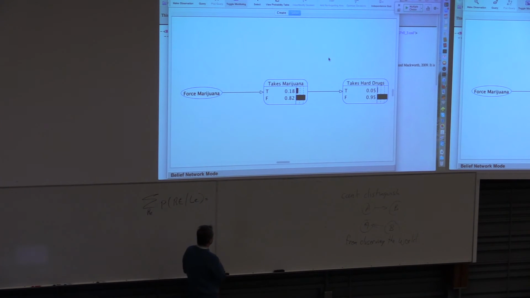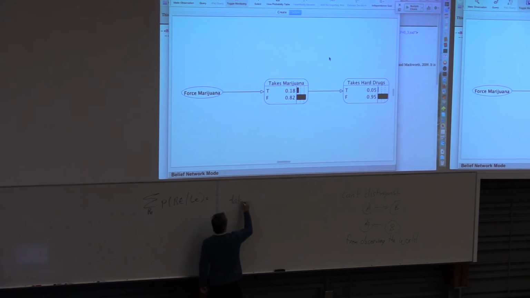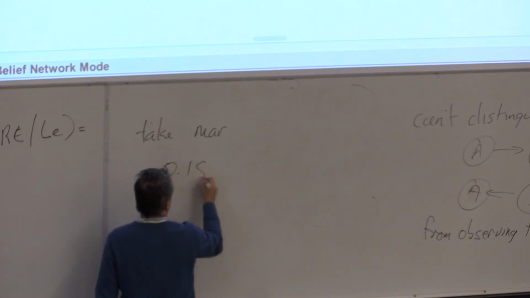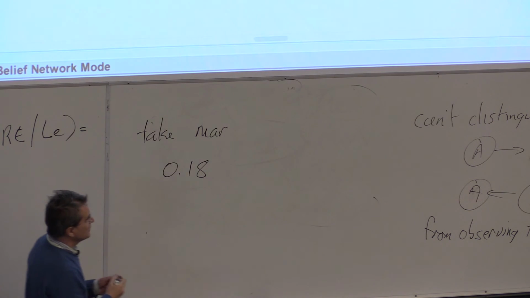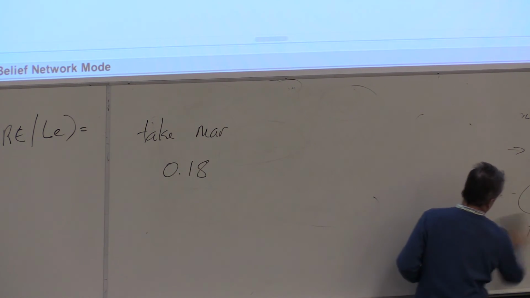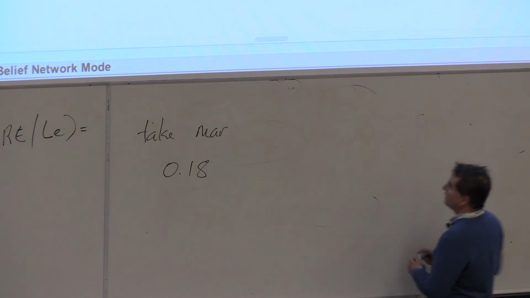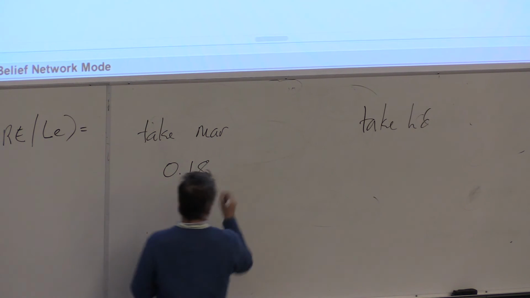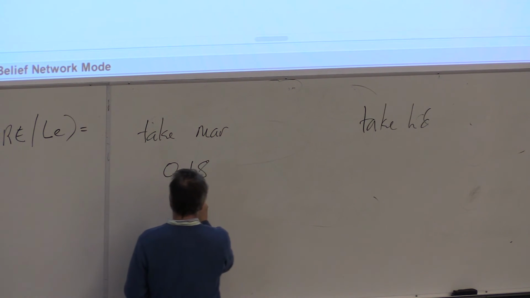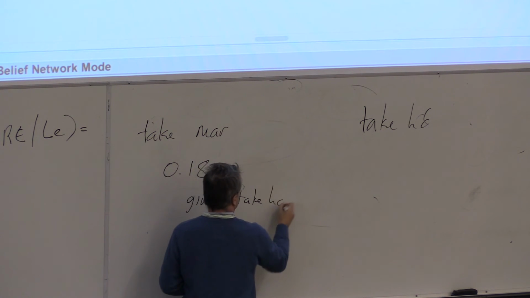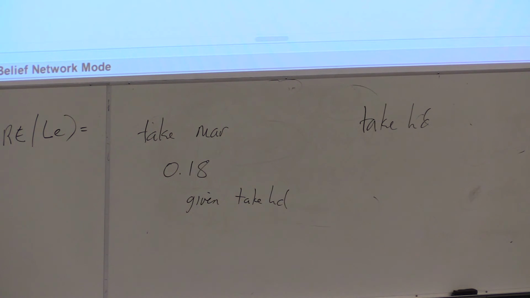So if you take marijuana, it's 0.18. But then if we condition on, given you take hard drugs, let's observe take hard drugs.